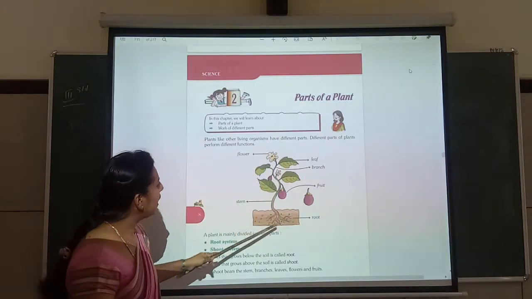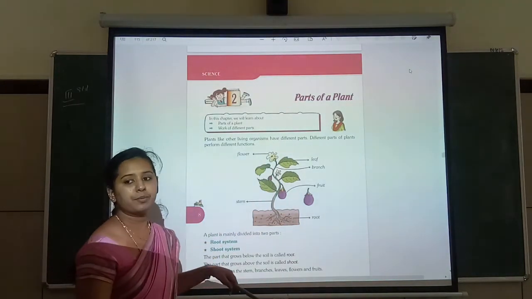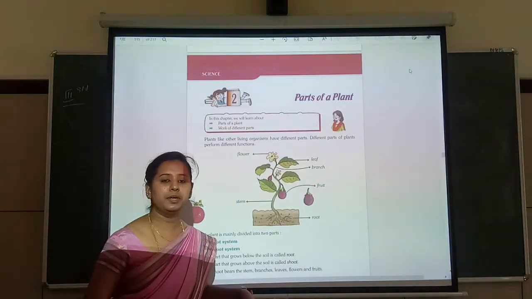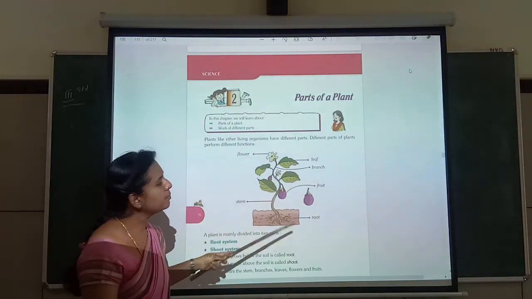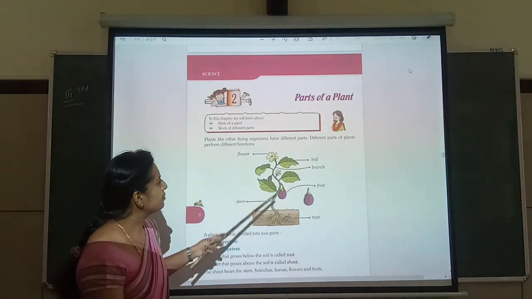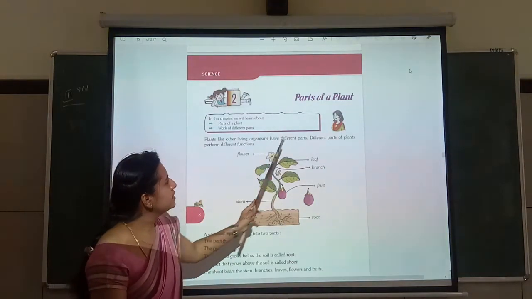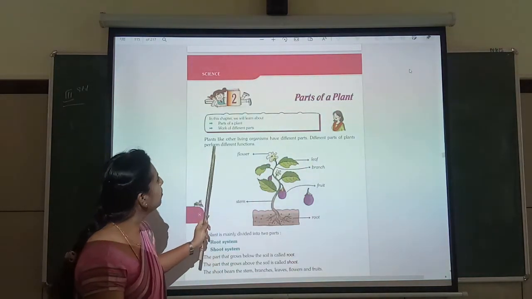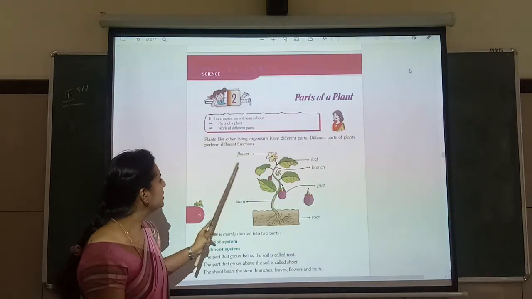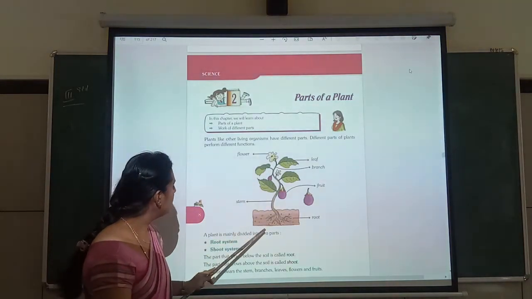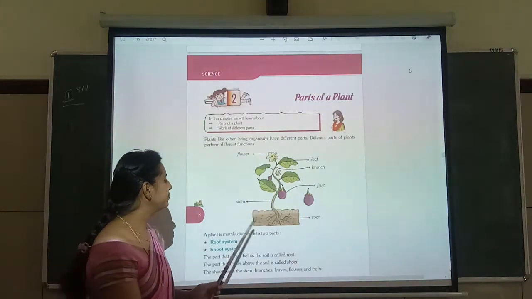See, even plants are like a living organism, like a living thing, like human beings. Different parts of plants perform different functions. See here, these are the parts of a plant.